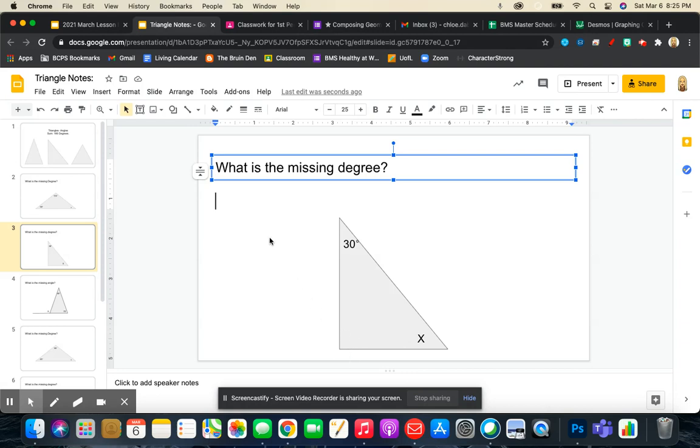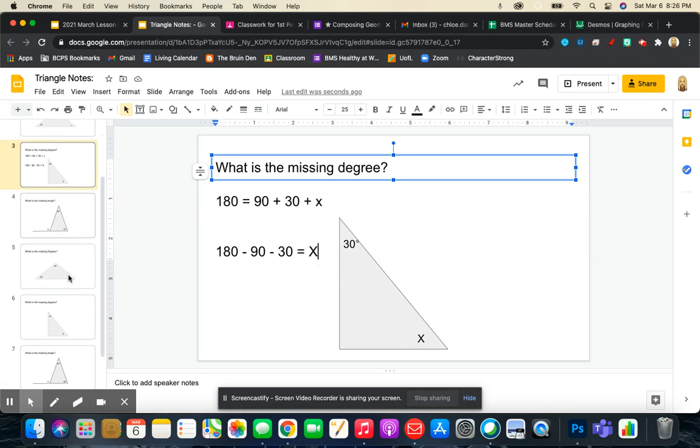But if we have a right triangle, it's understood that that's 90 degrees. So we would still have 180 equals 90 plus 30 plus x, or we can take 180 minus 90 minus 30. That can give us our x value as well. That is 180 minus 120 is 60, so x is going to give us a value of 60 degrees.